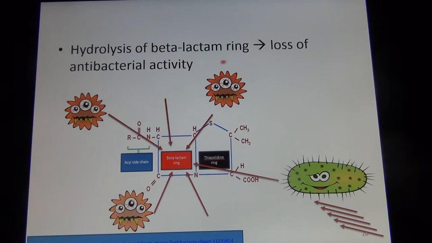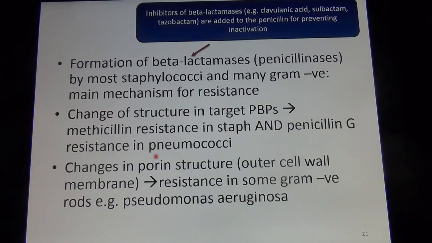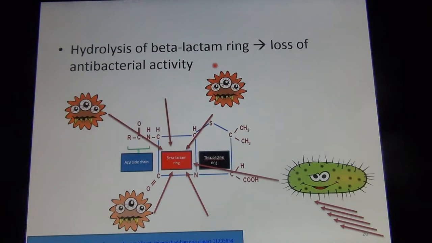Now, hydrolysis of the beta-lactam ring. When the bacteria release certain enzymes such as penicillinase that hydrolyze the beta-lactam ring of the penicillin, this will lead to loss of antibacterial activity. So, formation of beta-lactamases, for example penicillinases. Beta-lactamases are enzymes that act on the beta-lactam ring.